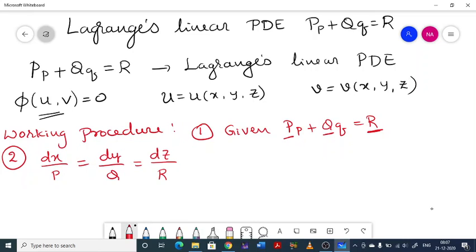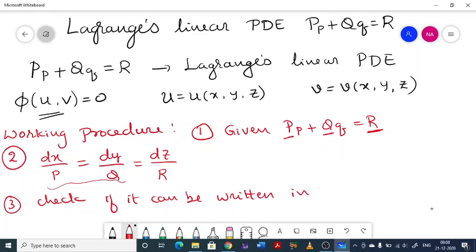so try to solve this by separation of variables. That means you have to consider this pair, then check whether this can be written in the form. I'll write here. Check if it can be written in the form, whether separation of variables can be used, written in the form f of x into dx equal to g of y into dy.